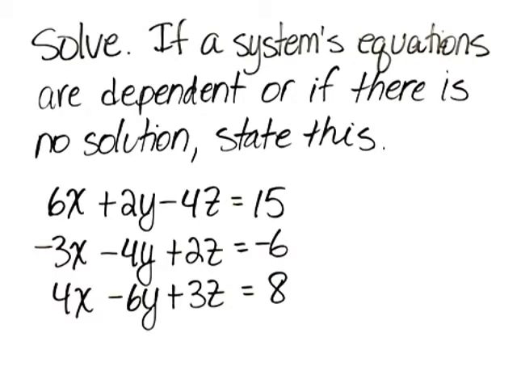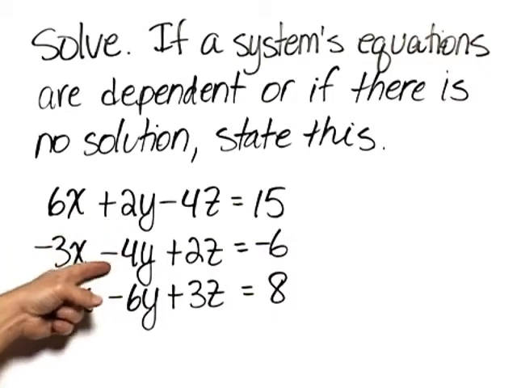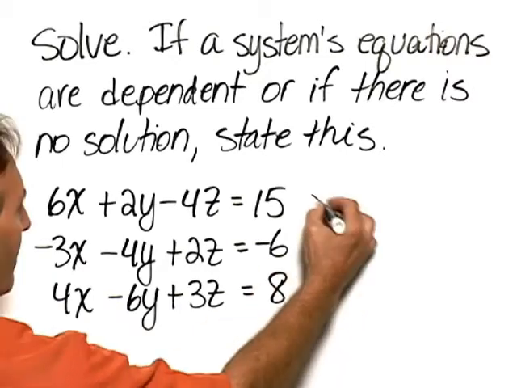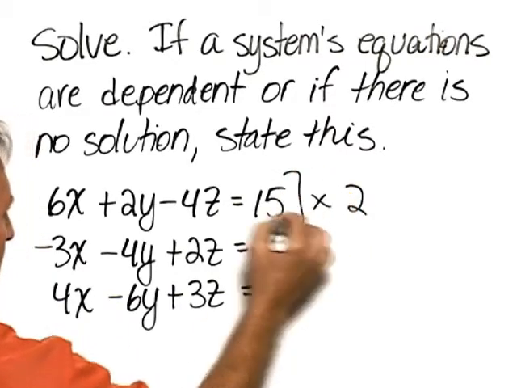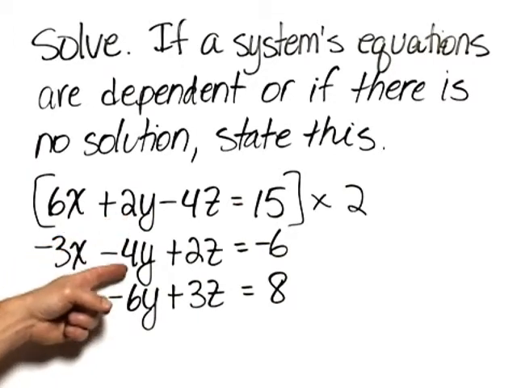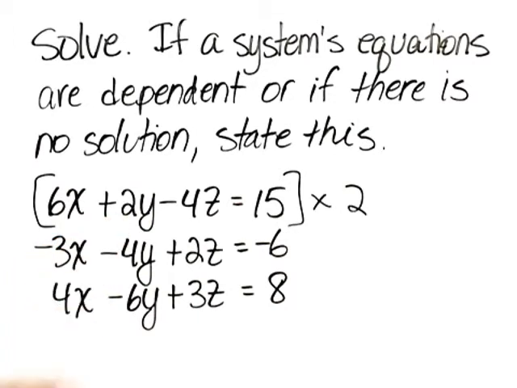When I look at this system of equations, I notice that this is a plus 2 and a minus 4. And therefore, if I take this first equation and multiply by 2 on both sides, then I'll have a positive 4. I can add it to this equation to eliminate the y's.